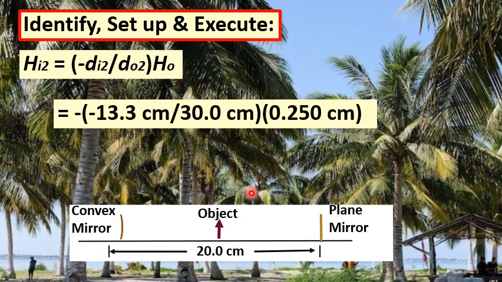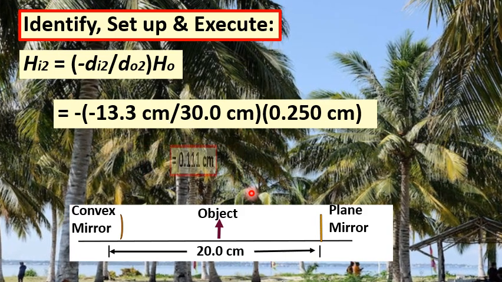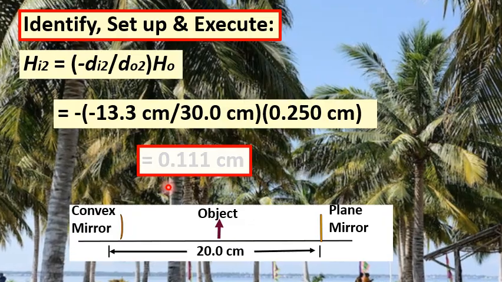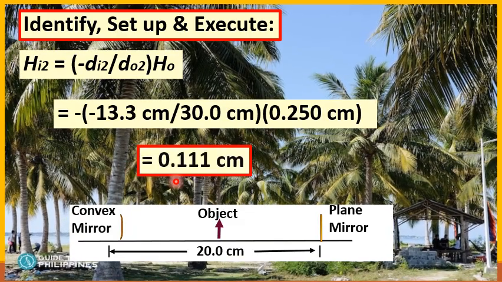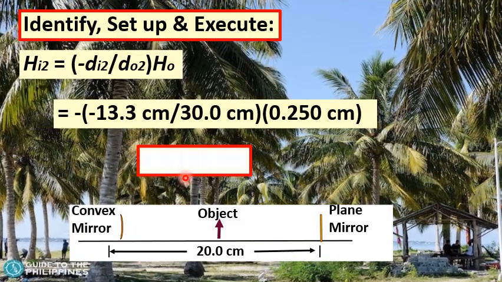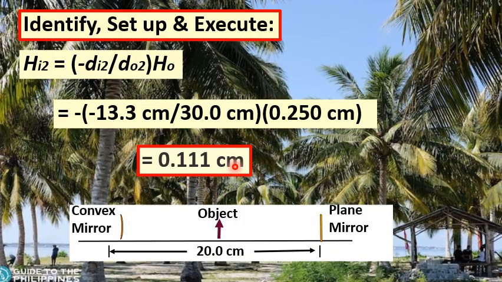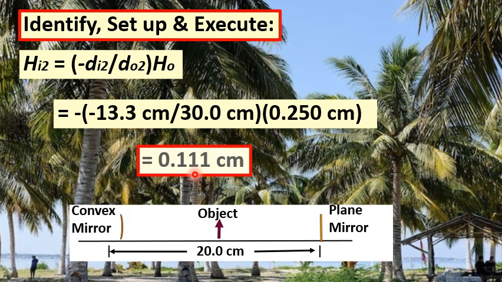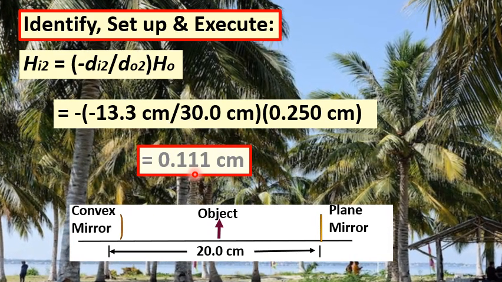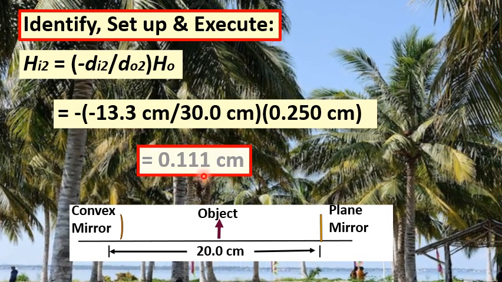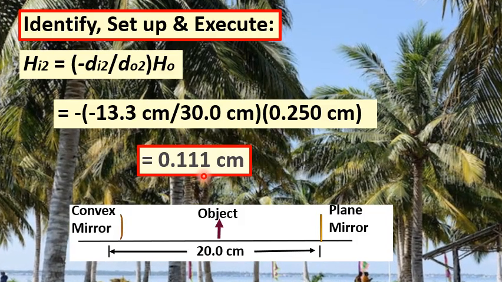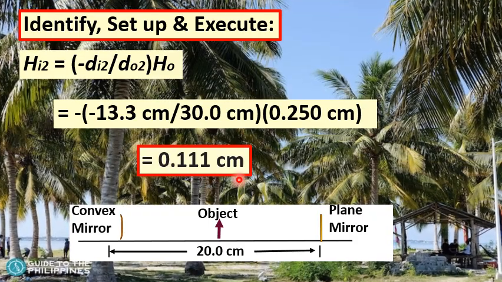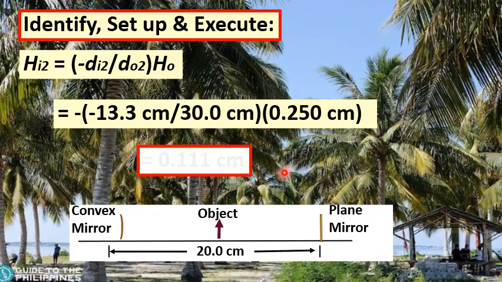So, simplifying, we finally get the value of the height of the second image, h sub I2, equal to 0.111 centimeters. Right? So our conclusion is that the second closest image formed by the convex mirror is in fact 0.11 centimeters tall.